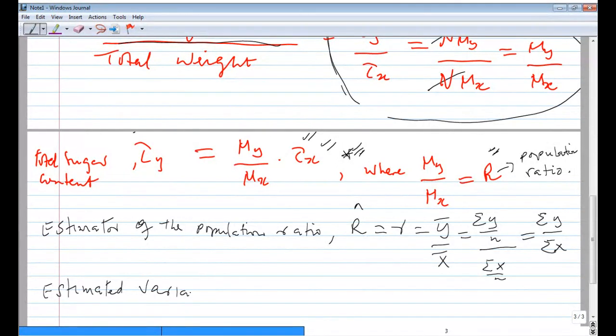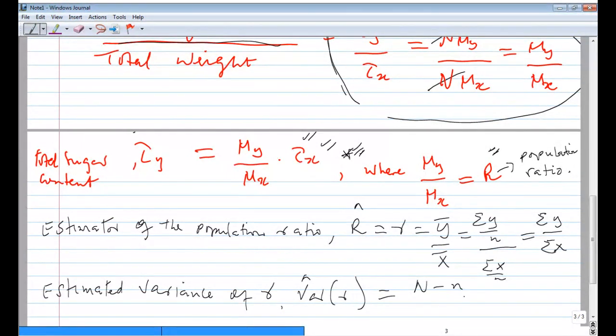Estimated variance of the estimated population ratio, which is R, isn't it? So you use the var estimated of small r. This is the estimated variance of the estimated population ratio, abbreviated as var estimate of small r.